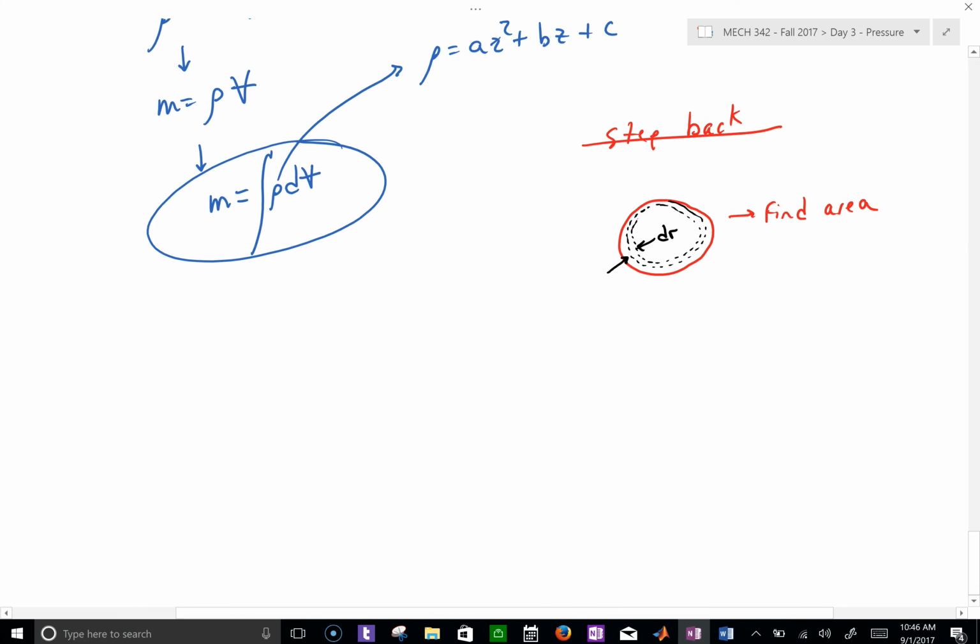If we take this strip and stretch it out, it's still a small change. Anybody want to tell me what we can use for this length? I think it's 2 pi r, right?